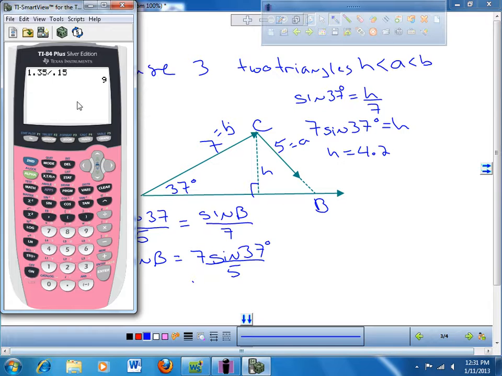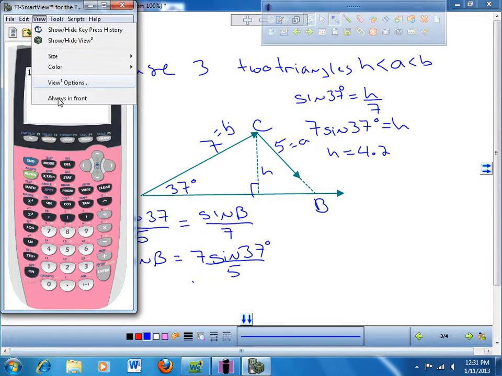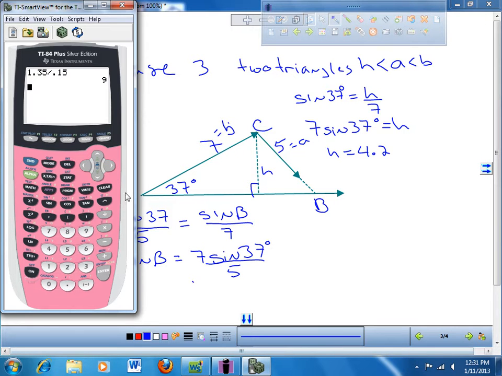So if I go 7 sine of 37, making sure you're in degree mode, sine 37 divided by 5, I get a decimal number. If you don't get a decimal number between -1 and 1, you know that you did something wrong. Okay? And so I get 0.8425 something, okay?